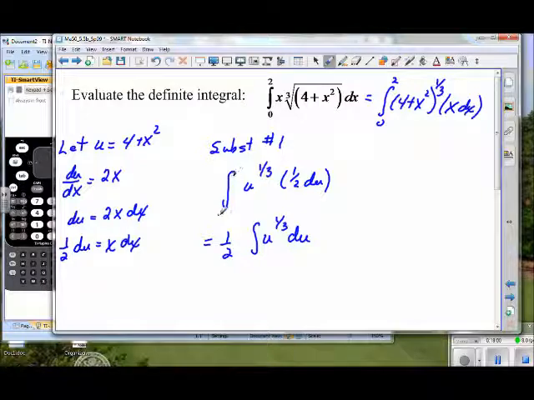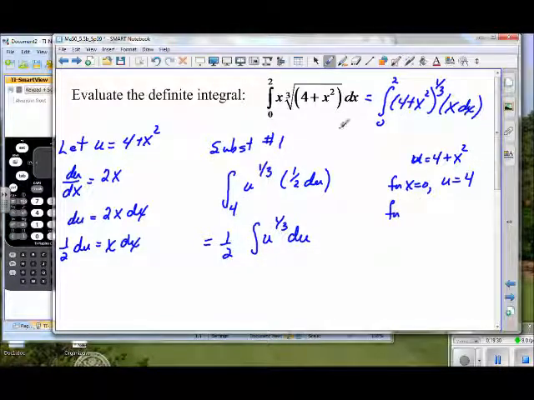Let me talk just for a moment about those upper and lower bounds. The 0 and 2 are upper and lower bounds for the variable x. Since we let u equal 4 plus x squared, when we let x equal 0, that means that u is equal to 4. So if we're in the variable u, the lower bound would be 4.